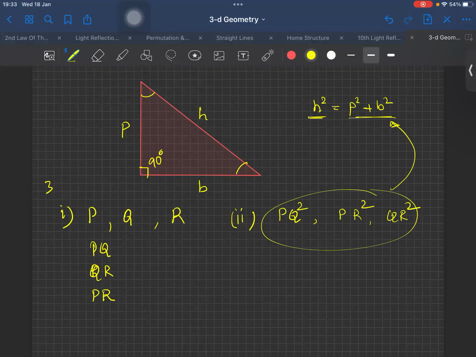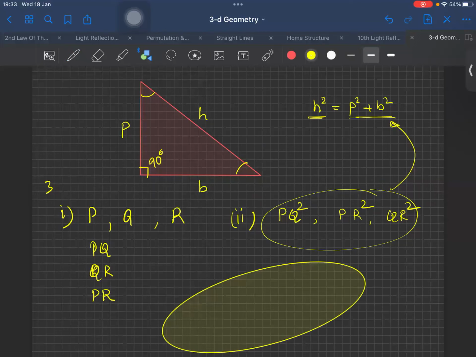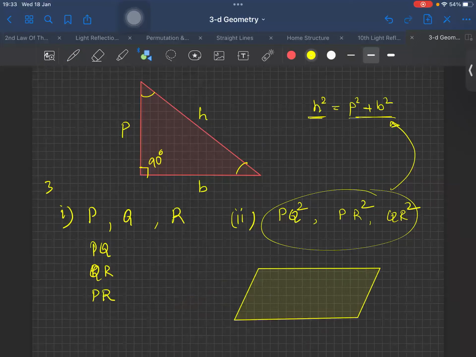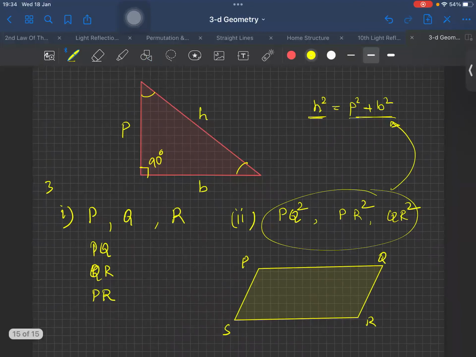The third one, verify that these four points are a parallelogram. So how does a parallelogram look? Something like that. What is the property of a parallelogram? How will you verify that four points P, Q, R, S form one? What was the property using the distance formula?